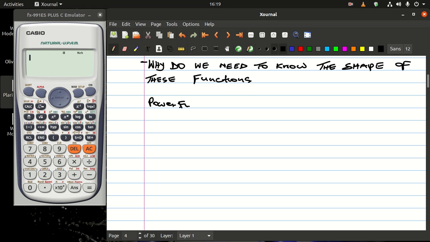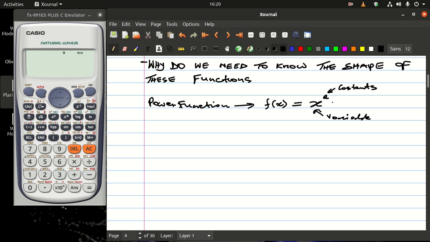This is power functions. Power means exponent. So as long as you have your f of x equal to x, this is the one that is a variable, or independent variable, this x. And then the exponent, I can say a, where a is a constant.